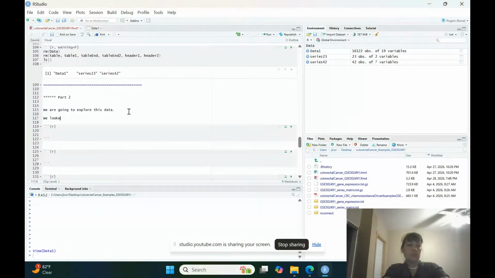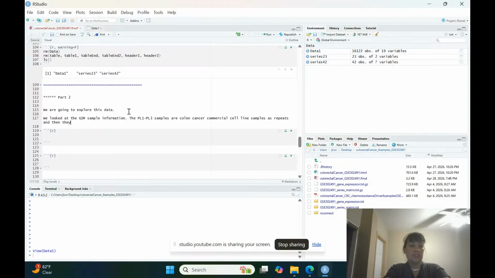We looked at the GSM sample information. The PL1 through PL3 samples are colon cancer commercial cell line samples as repeats.